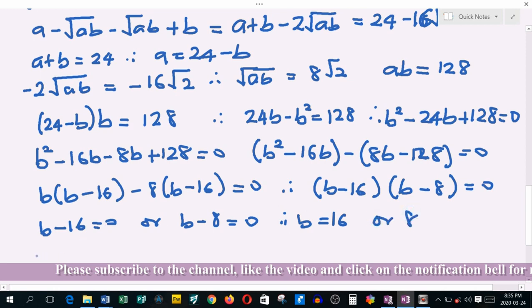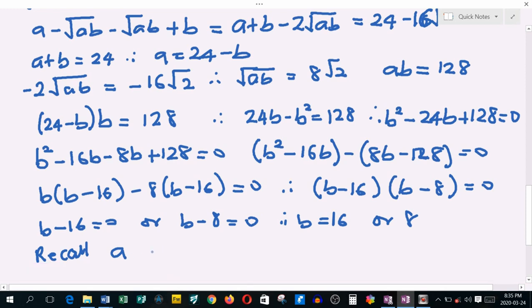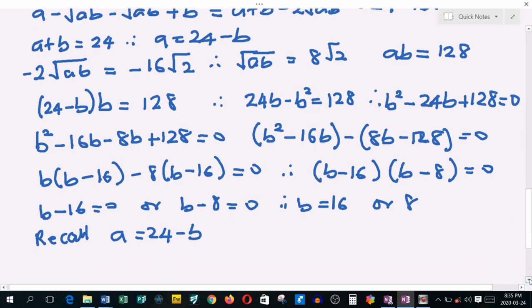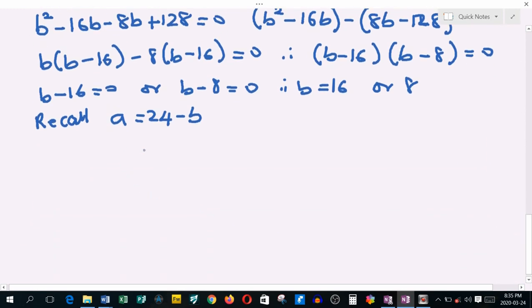So when, recall that a is equal to 24 minus b. So when b is equal to 16, a will become 24 minus 16, which is equal to 8.